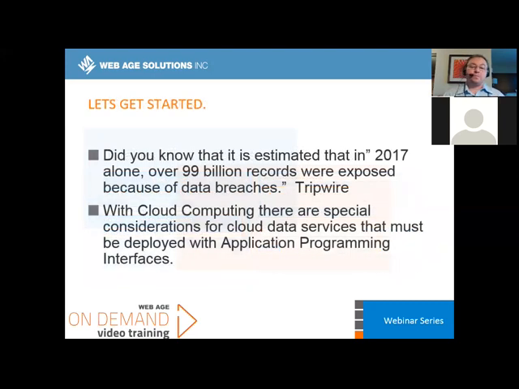Did you know that it's estimated in 2017, 99 billion records were exposed because of data breaches? Now, with cloud computing, there's a lot of special services that you also need to understand, and these are called data services, right? These are services such as Amazon Kinesis, or Google Cloud BigQuery, or Microsoft Azure blockchain services or Workbench.